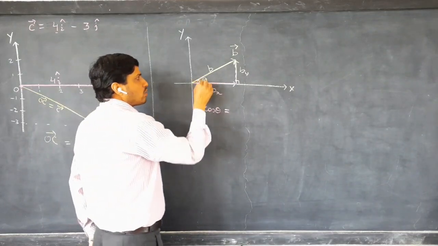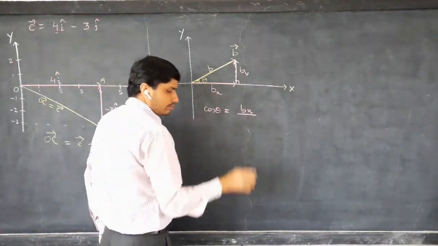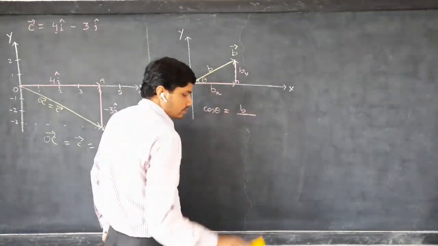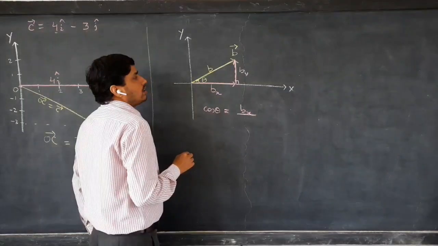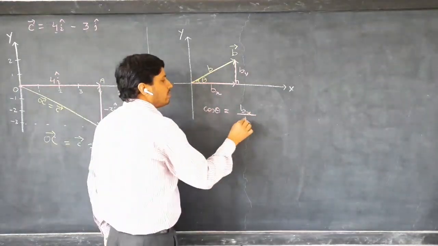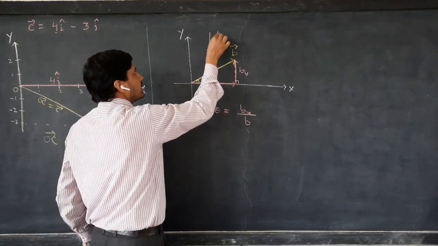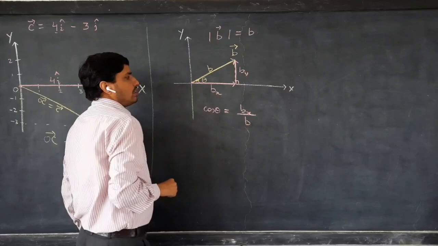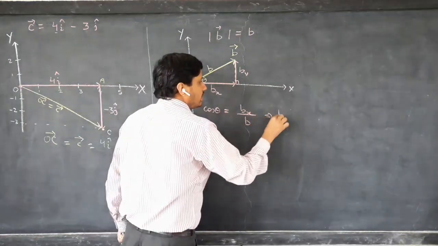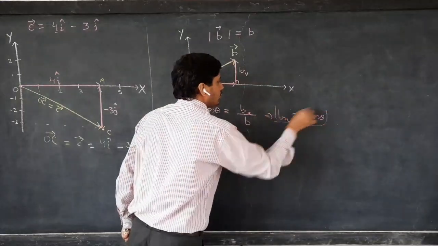Now you see in this triangle cos theta will be Bx upon B, where B is the magnitude of B vector. So here we write that magnitude of B vector is equal to B. So this gives us the x component Bx as B cos theta.